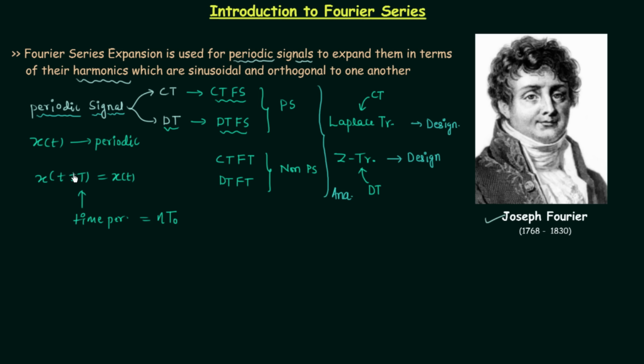And here we are performing the time shifting. We can perform either the left shift or the right shift, but the shifting interval should be the time period. So whenever we perform the shifting towards the left or towards the right by the time period of this signal, we will get the same signal.